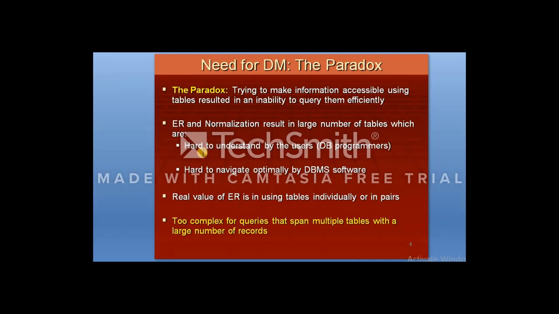Again, when you use normalization you create multiple tables, and it is very difficult for a database developer to remember all the tables and all the relations between them. Similarly, when there are multiple tables, the DBMS software is unable to get the data efficiently, which takes more time.